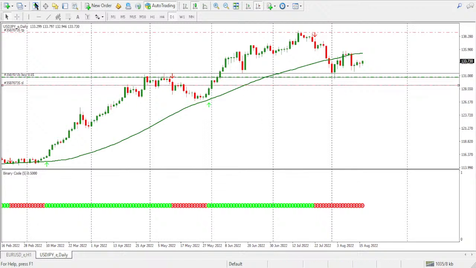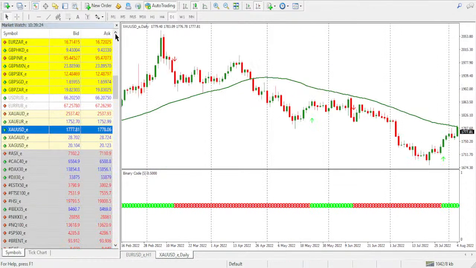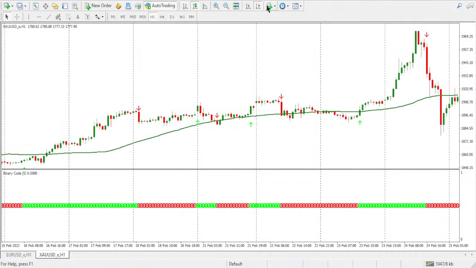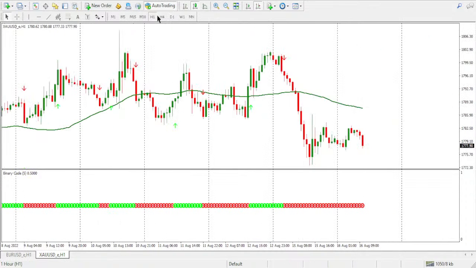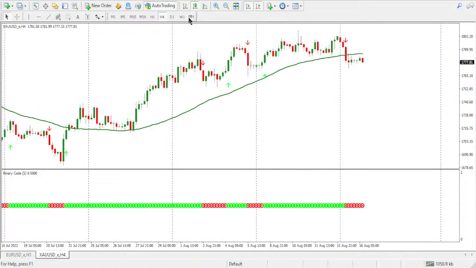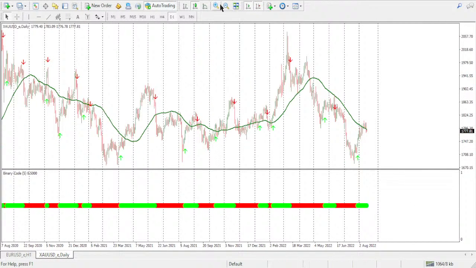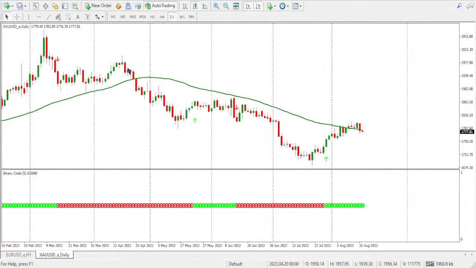My next instrument I want us to look at is gold. So on gold, so far it looks like the price is bearish, but we've had a very good pullback. So I'm saying it's bearish. If you look at it from this point, you can see we had a very good downtrend when the price broke below this level here.